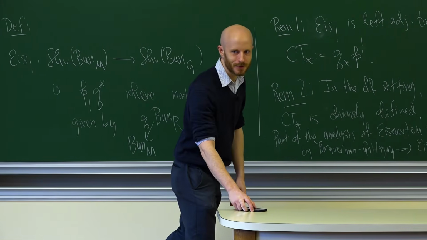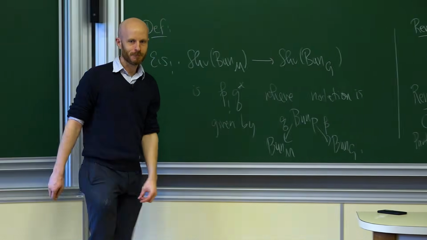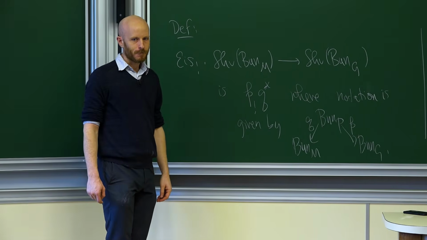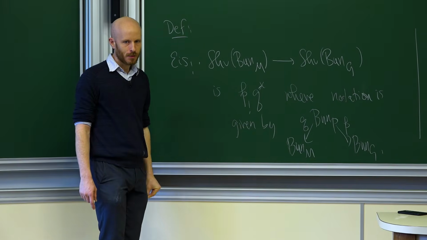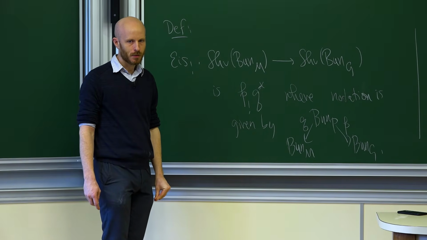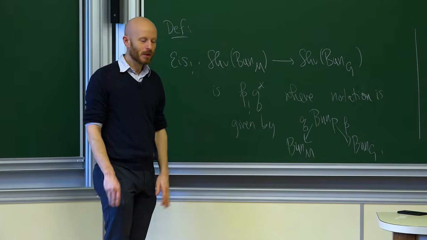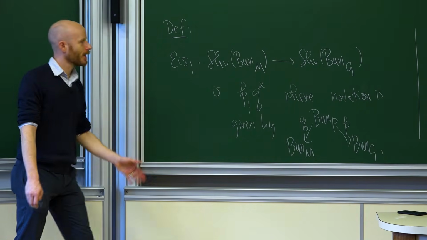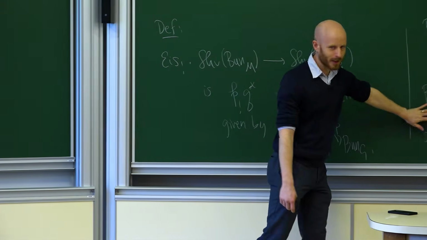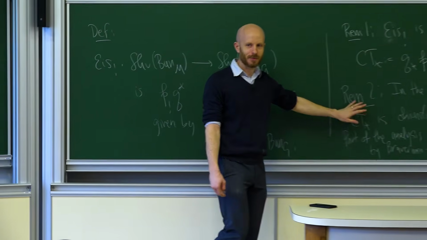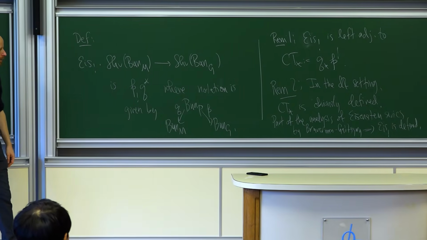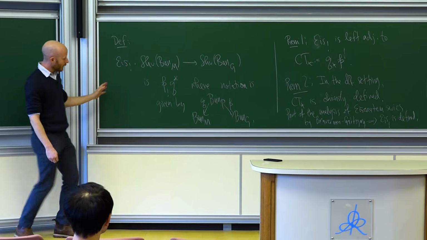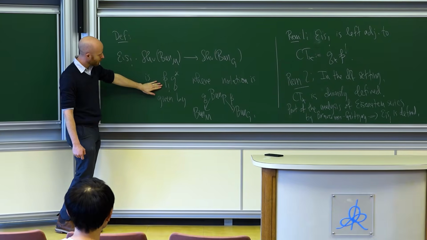When you say de Rham setting, it includes also non-holonomic D-modules. Absolutely, yeah. So in that case, even lower shriek along the map might not be defined. Exactly. That's exactly the kind of anxiety that's behind this comment. And that's why this isn't some kind of general statement.